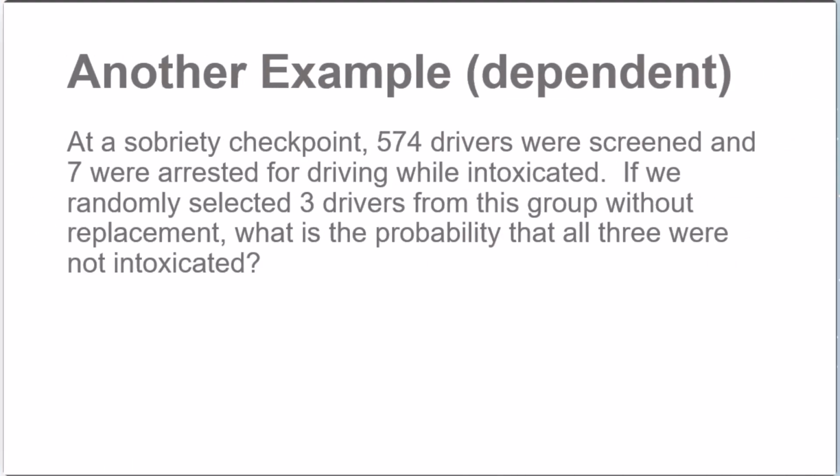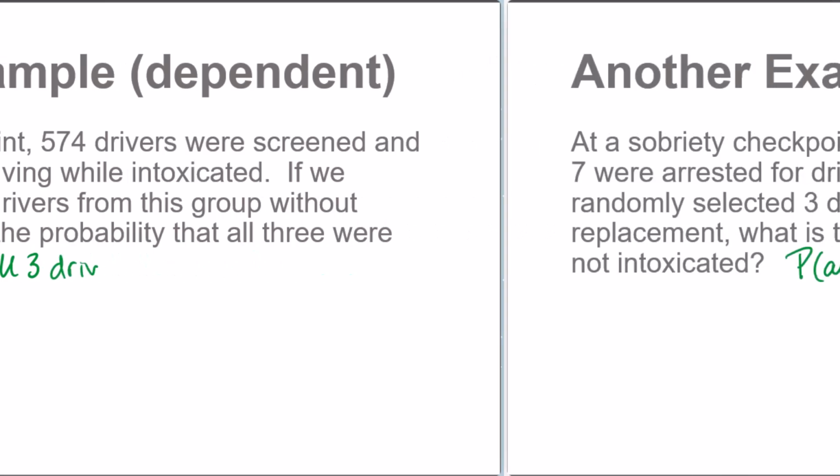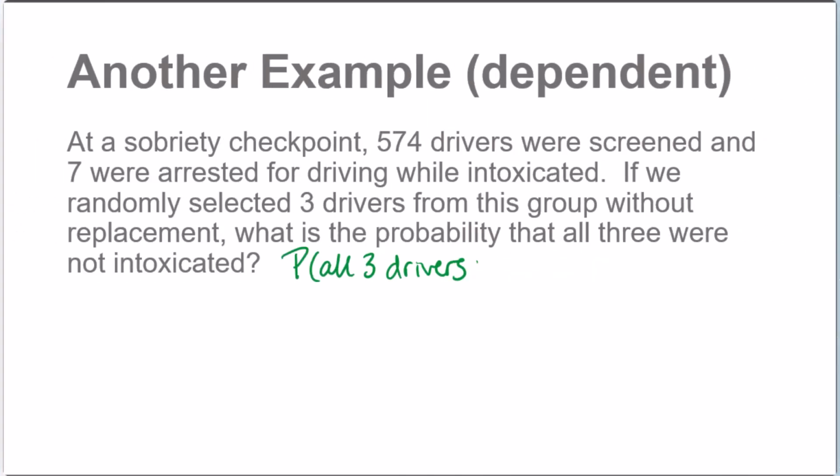So again, this is an and probability, but it is sort of in disguise. I'm finding the probability that all 3 drivers were not intoxicated. This is really 3 different events. The first driver was not intoxicated, and the second driver was not intoxicated, and the third driver is not intoxicated.